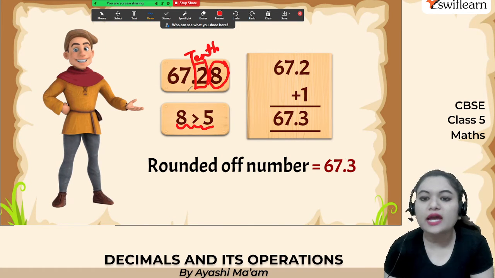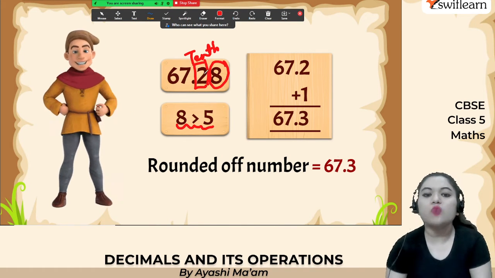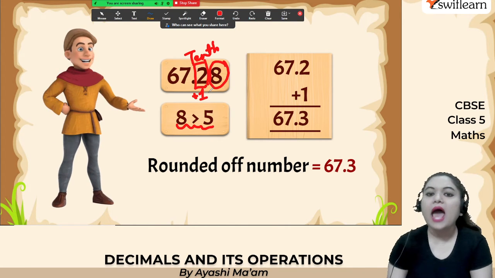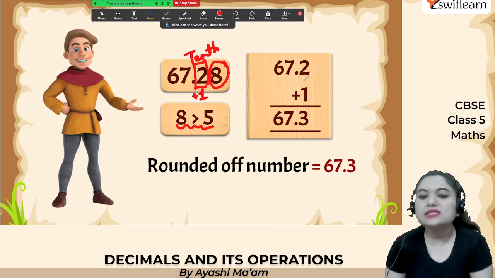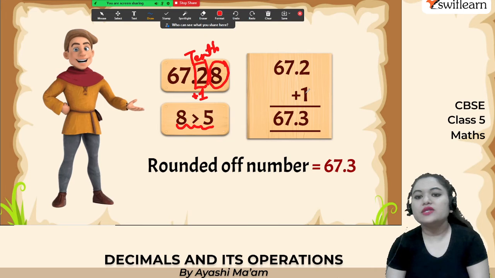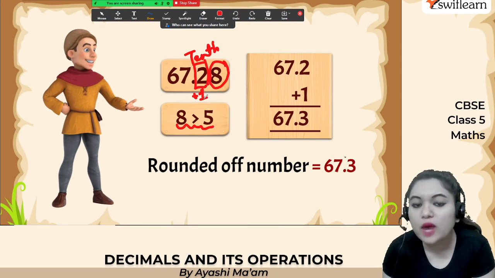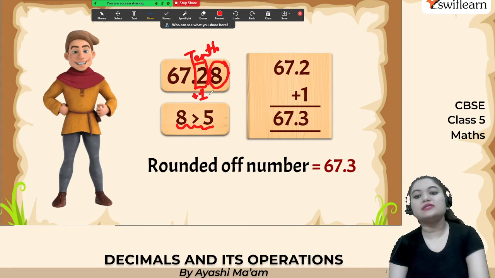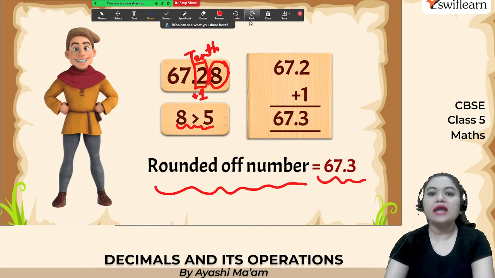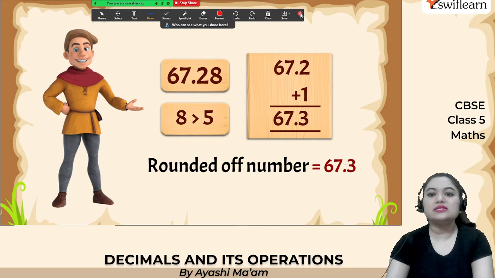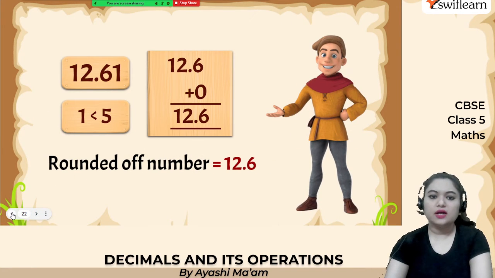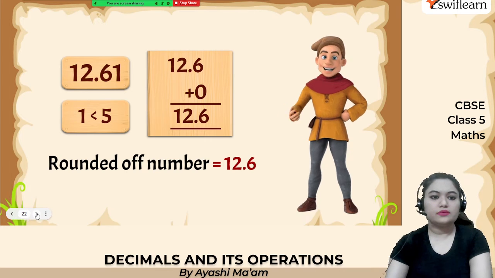Because 8 is greater than 5, we will do a plus 1 to this tenths place. So it will become 67 decimal point 2 plus this 1, so we are doing a plus 1 to the tenths digit, and it is becoming 67.3. So we round off this number and it turns into 67.3, right? Okay, well done. Great.